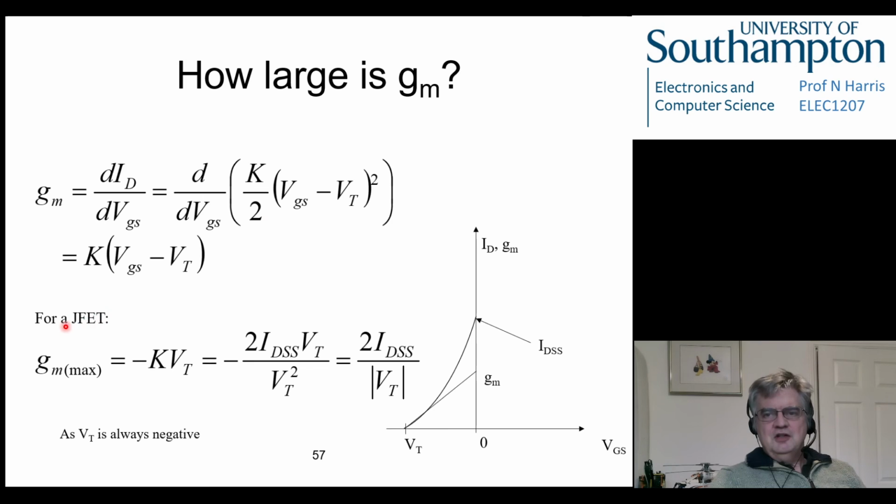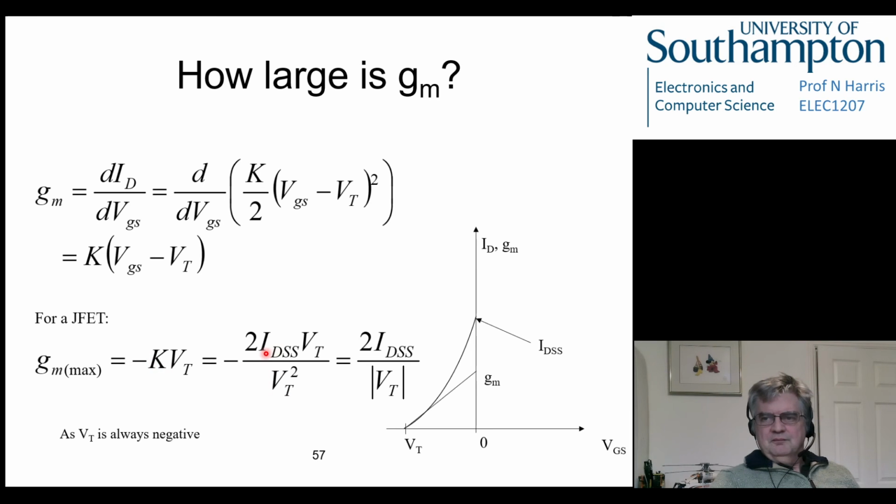And so again, for a JFET, for example, gm maximum, which occurs at this point here on the input curve, we can say that VGS equals 0. So we just set that equal to 0, and this becomes K VT. And we know what K is.